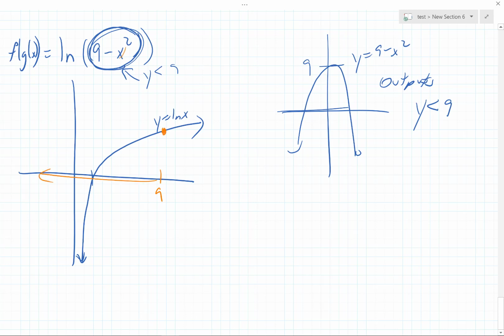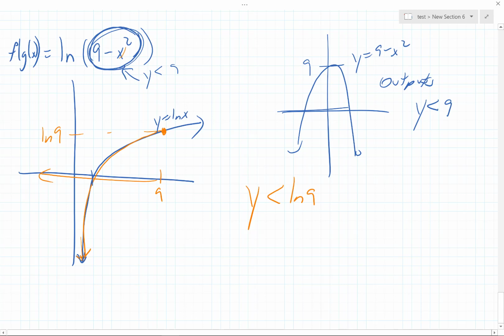So I'm going to cut off right there. And I'm only going to be able to get y values that are less than the ln of 9, because that's the max that takes, and I can go all the way down. So the range for this guy are going to be y's that are less than the ln of 9.